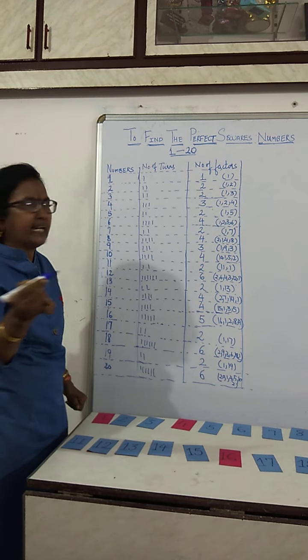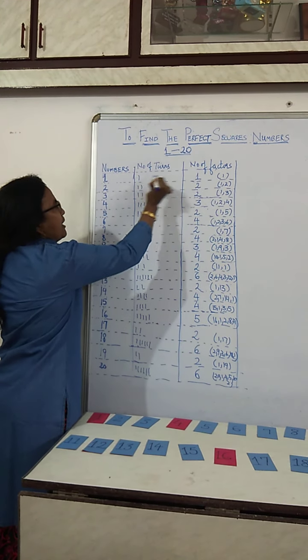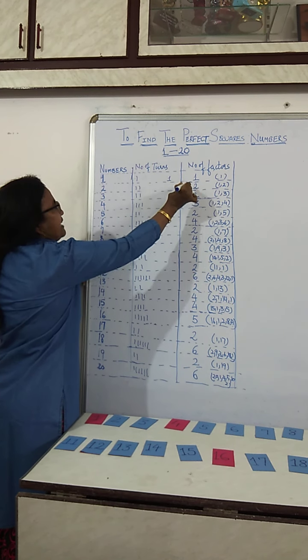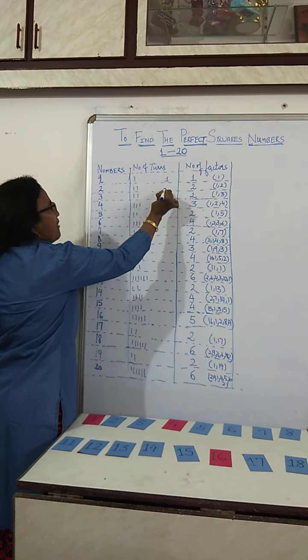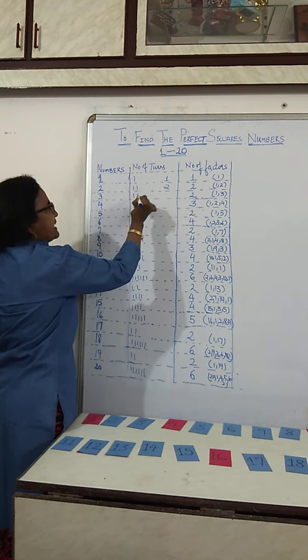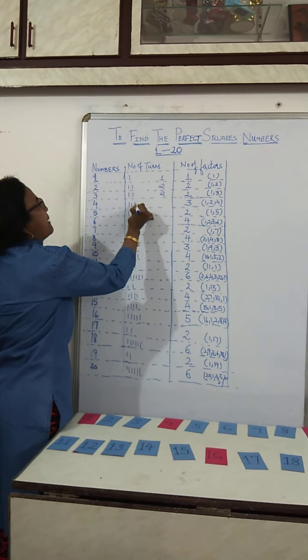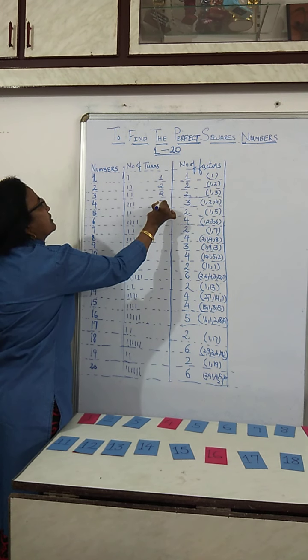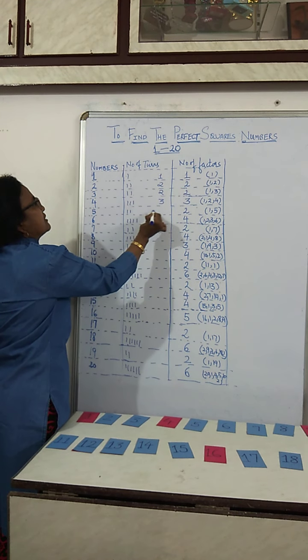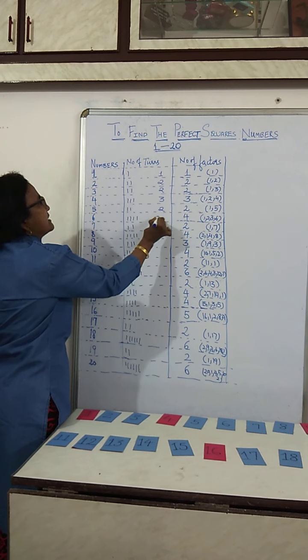Now there is one more relation. Suppose the number of turns is 1. So there is only one factor. Number of turns 2, so 2 factors. Number of turns 2, 2 factors. Number of turns 3, so 3 factors. Number of turns 2, so 2 factors.